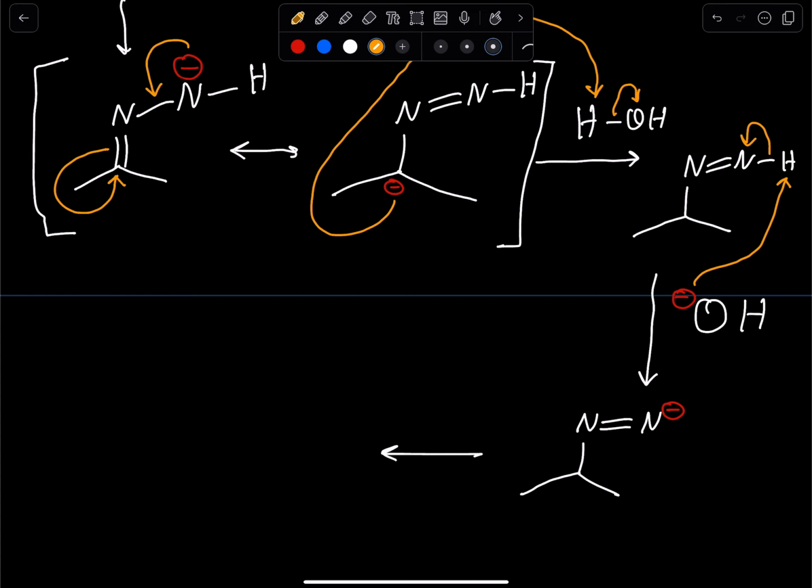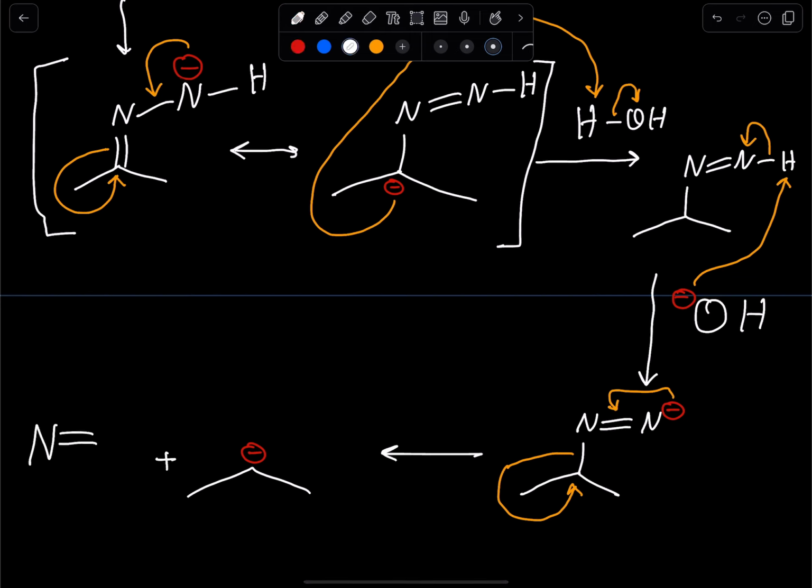We take the electrons in this nitrogen and bring them over to try to form a nitrogen-nitrogen double bond. Well, triple bond now. Then this middle nitrogen will give its electrons to the carbon and effectively leave. So what we get is the carbon has a negative charge and the two nitrogens are triple bonded to each other.